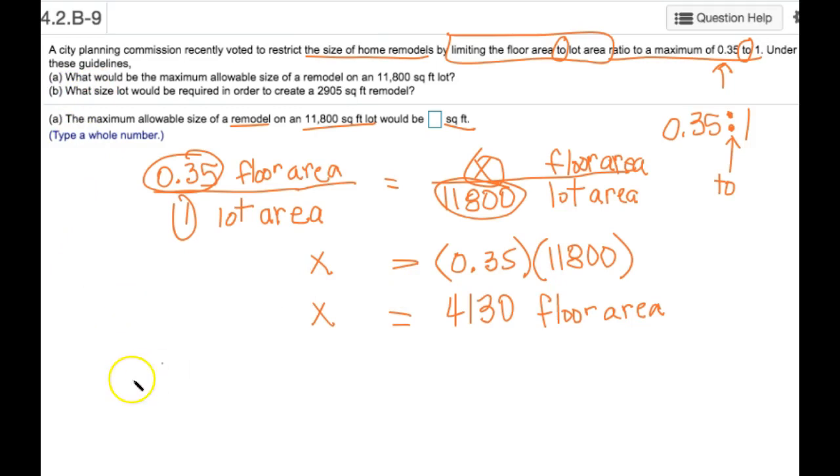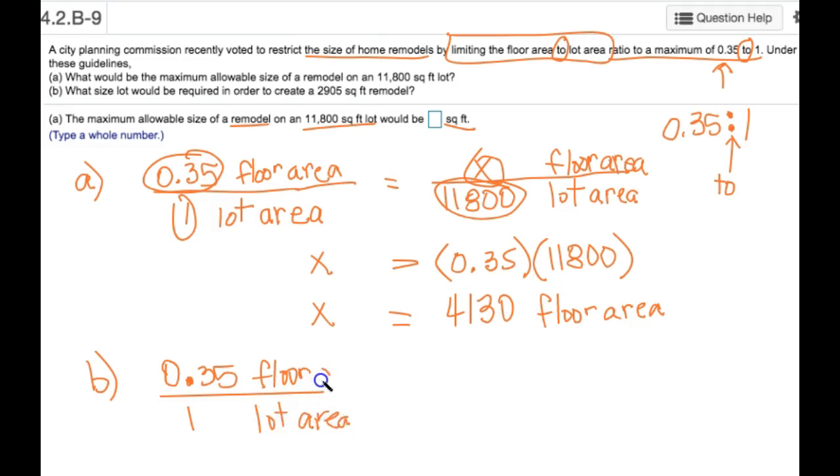Okay, and this will also be the same ratio. The ratio that we set up here is going to help us with part B. The only difference is in part B we have different information. So we want to make sure that we're lining everything up according to what the 0.35 and the 1 are associated with. This is floor area, and this is the lot area.